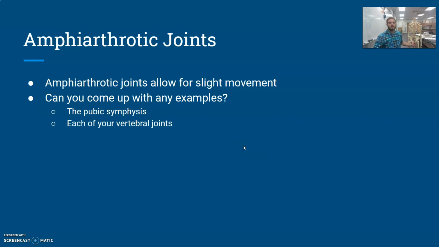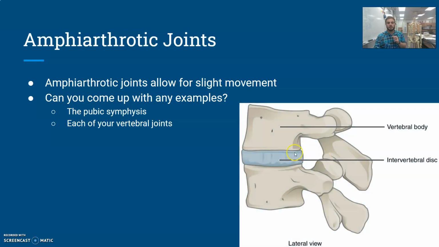Then each of your vertebral joints is going to be an amphiarthrotic joint. So you might be confused and think, well, you can bend down and touch your toes, you can twist and do all sorts of things. That seems like a lot of movement for your vertebral joints. And while in total it is, the truth is each individual vertebral joint, where you have these intervertebral discs here, allow for very, very little movement.